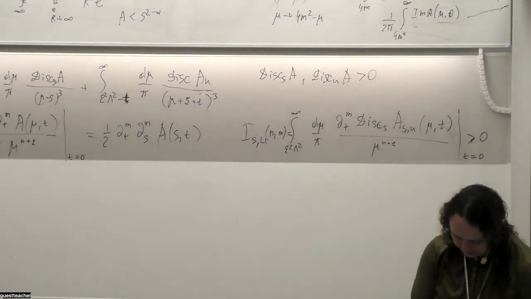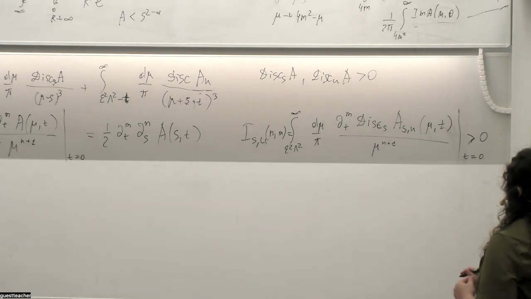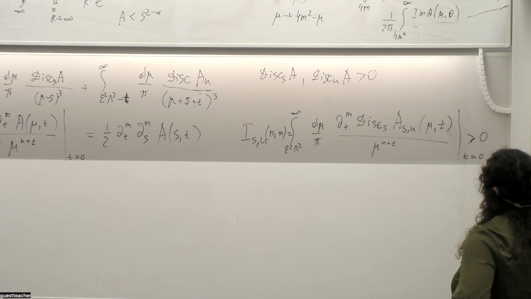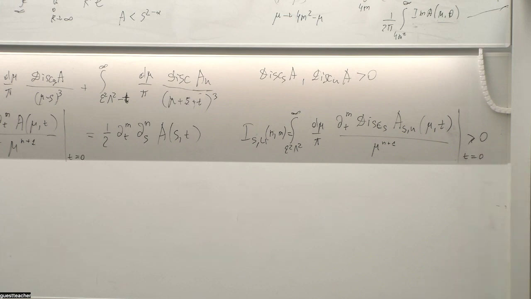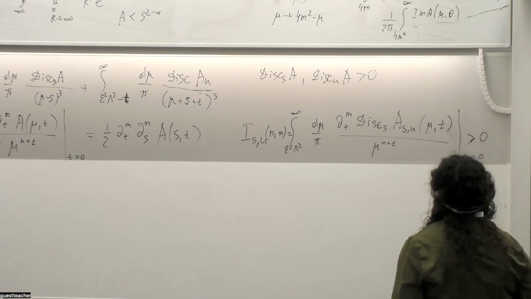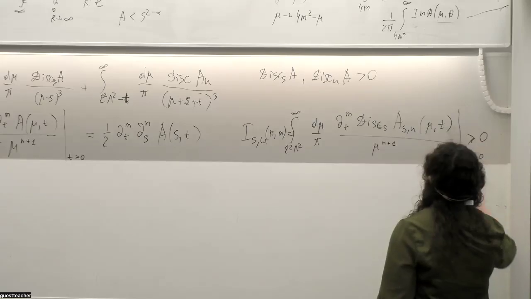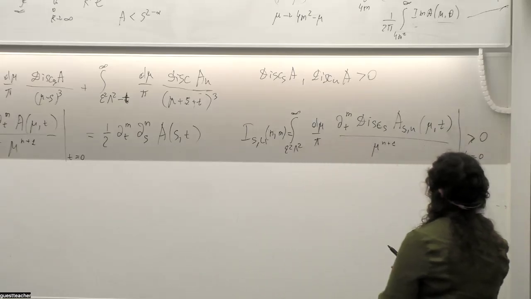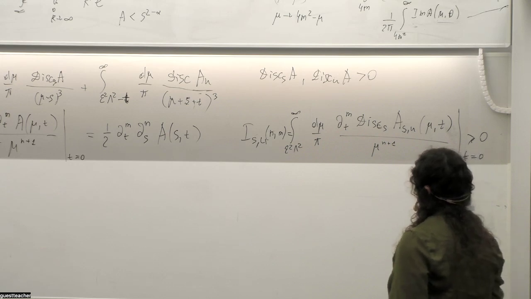This is a bit of a non-trivial statement. We know that the imaginary part is positive, that's fine, but the t derivatives also have to be positive in the limit t equal to 0. This follows from the partial wave expansion and from properties of Legendre polynomials.